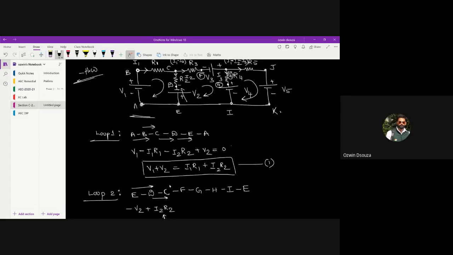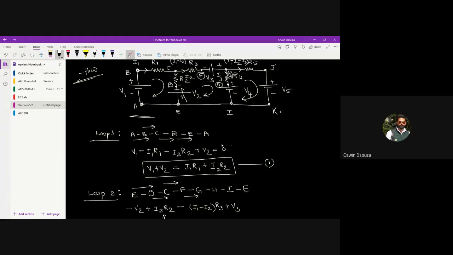Then I'll move from node C to F. I have a resistor R3. My traversal is in the clockwise direction and the current is also flowing in the same direction. So negative (I1 minus I2) into the resistance value R3. Then the battery: I move from F to G. When I move from F to node G, the battery is traced from negative potential to positive potential, which is considered positive EMF, so plus V3.